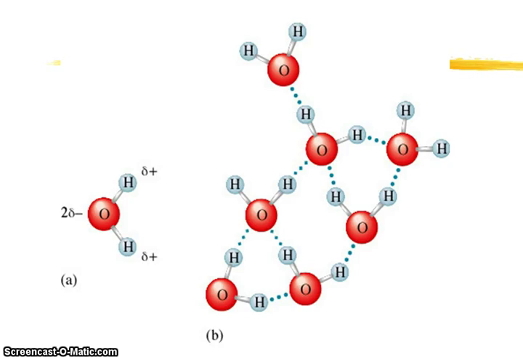Now, the intramolecular polar covalent bonds that hold the water molecule together are a much stronger force than the intermolecular dipole-dipole attractions that are holding each of the individual water molecules together in a liquid or a solid. That's why it takes less energy to break that intermolecular force than to break the intramolecular force within the water molecule.